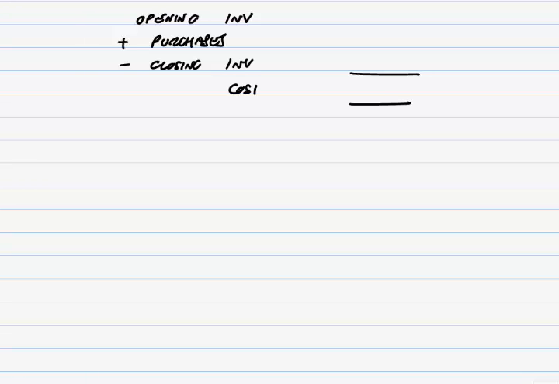So again, let's sort it. Surely the cost of sales, we take the opening inventory, we add on the purchases for the year, we deduct the closing inventory, and that gives us the cost of sales.